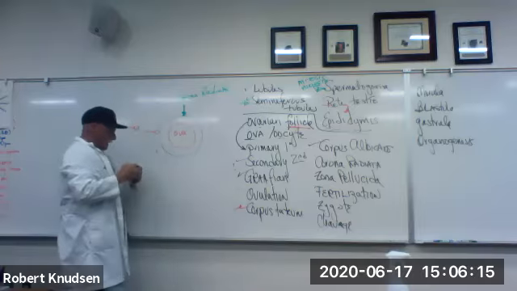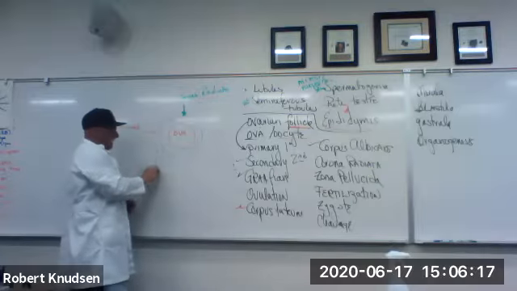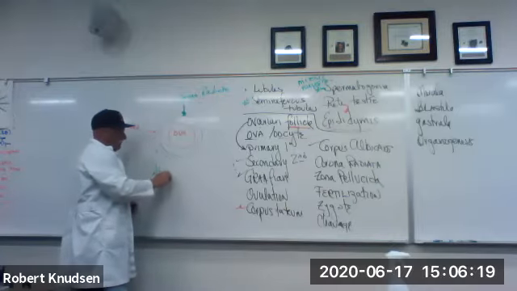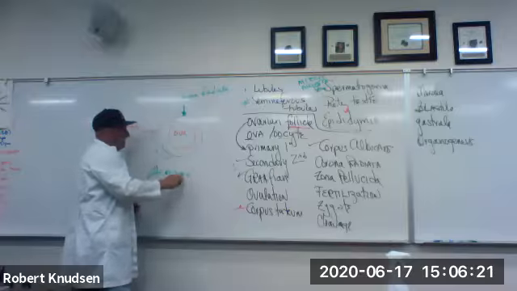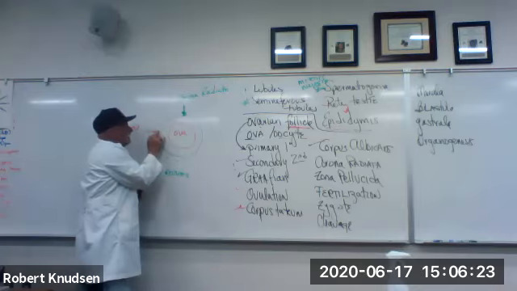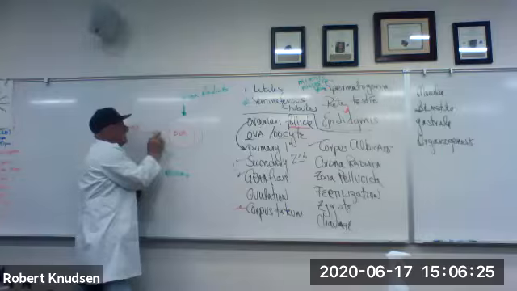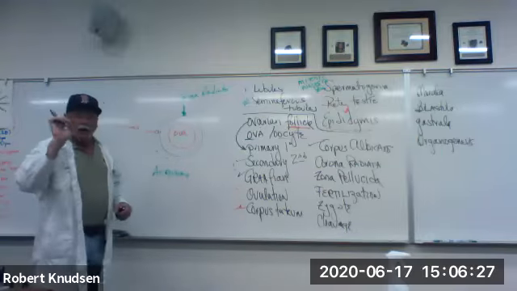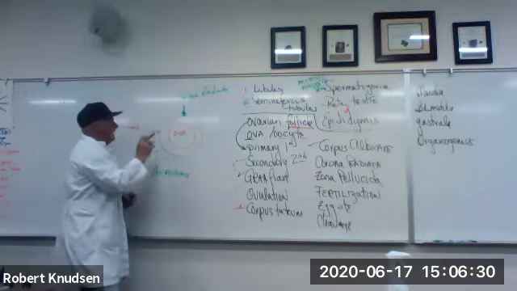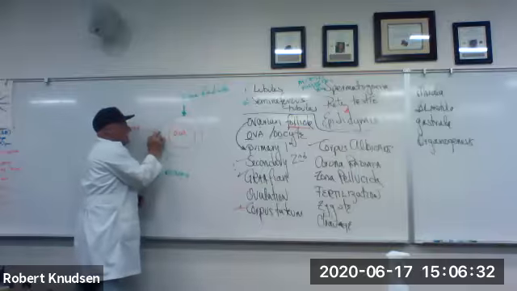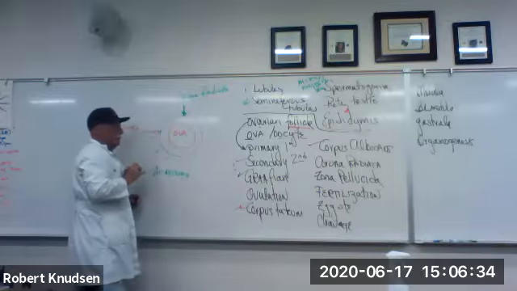Got it? And it does that with an enzyme called acrosome. So I'll do that in green right here. A little acrosome, and it goes down here, and if it has the right spot at the right time, it will allow an opening to occur.